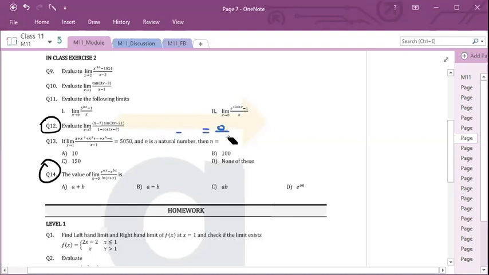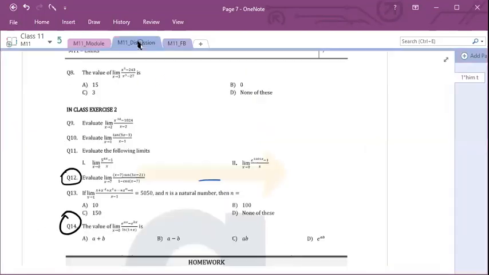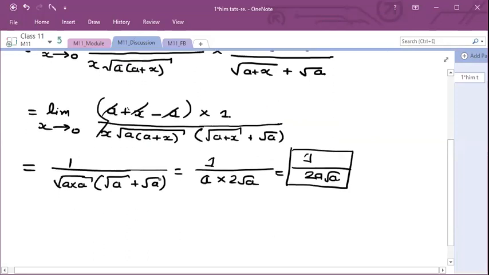Right. Now if it is 0 by 0 form, then we have to use different formulae. So if it is trigonometric function, we need to use trigonometric formulae. Okay. So let me write this question first.